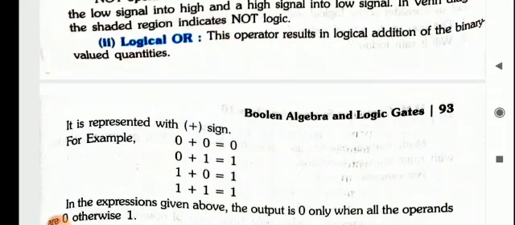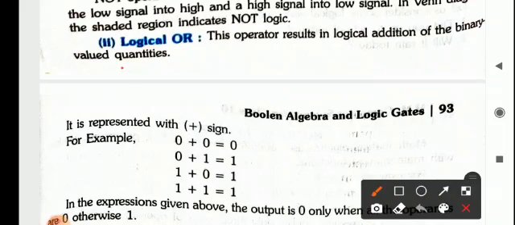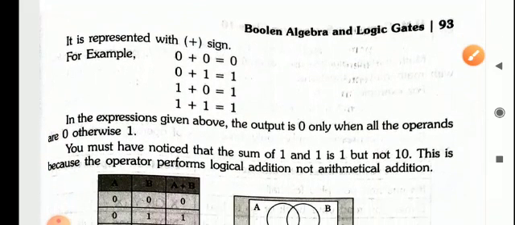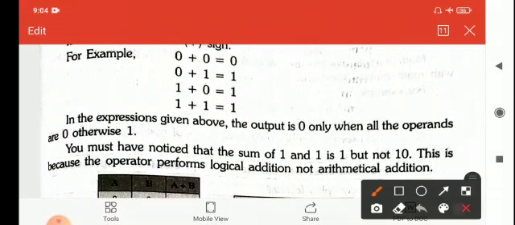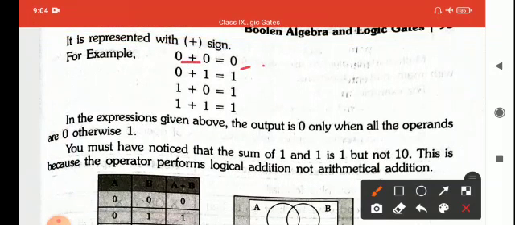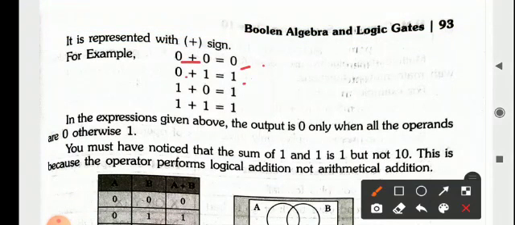You can see the symbol for the OR operator is plus. So A plus B here means that you have to apply the rule of the OR operator. Plus is the symbol of the OR operator. You can see here 2 possible inputs are there. 0 plus 0 is 0, 0 plus 1 is 1.